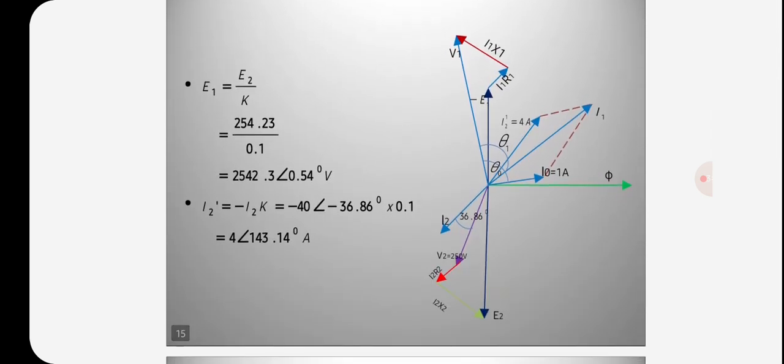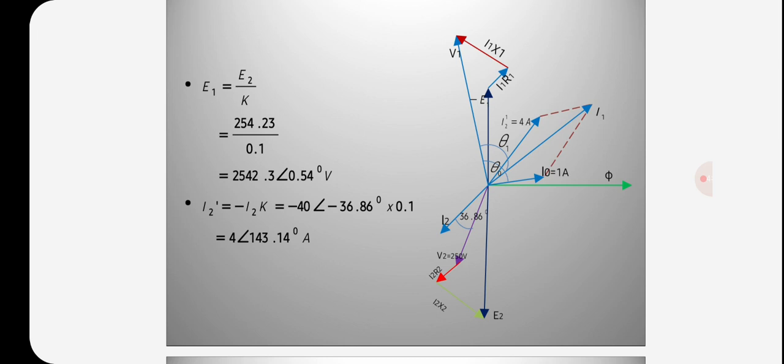And here E1 is equal to E2 by K, that is equal to 254.23 by K, K is 0.1. So after calculation of this value, we will get 2542.3 angle of 0.54 degrees volts.